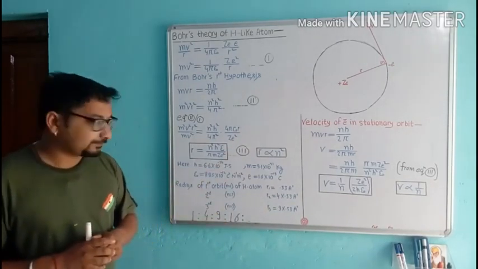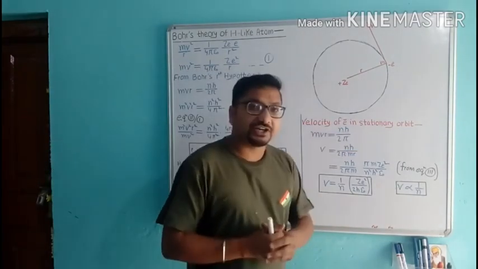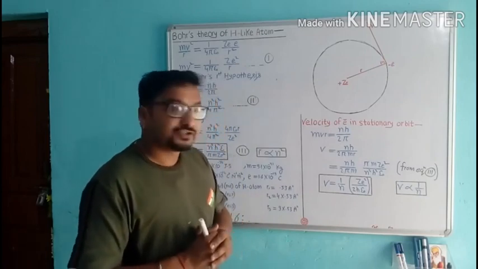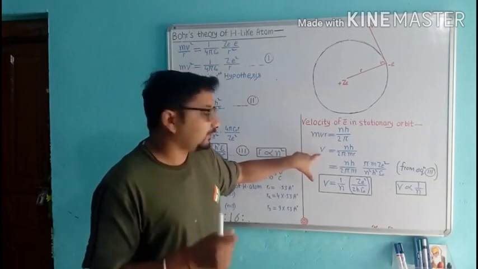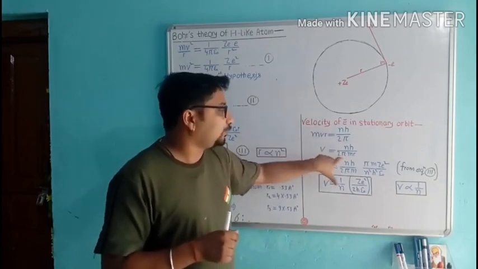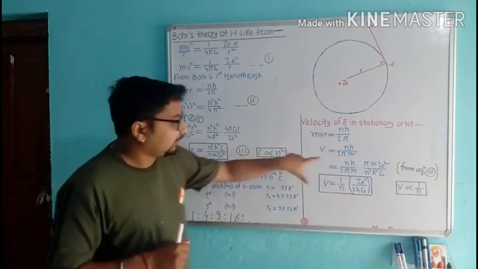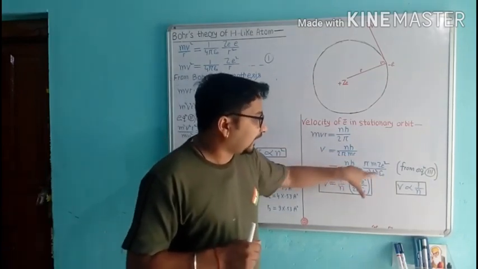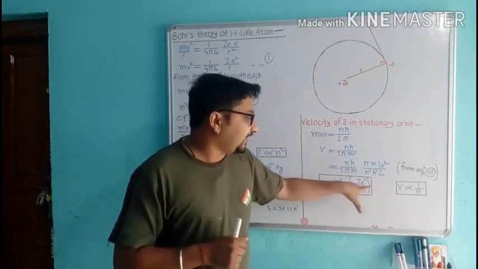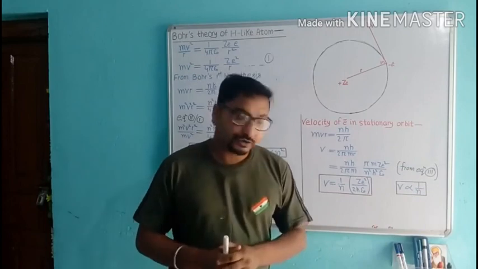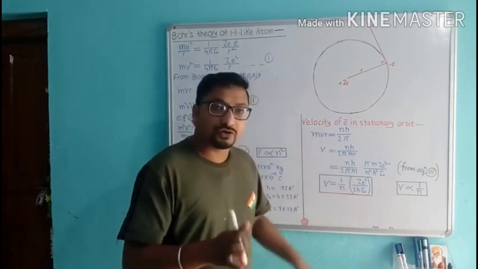Now next, velocity of electron in stationary orbit. Since we know mvr is equal to nh upon 2 pi, we get v is equal to nh upon 2 pi m r. When we put the value of r from equation number 3, we get v is equal to 1 upon n into Z e square upon 2h epsilon naught. Again, Z e square upon 2h epsilon naught is constant.